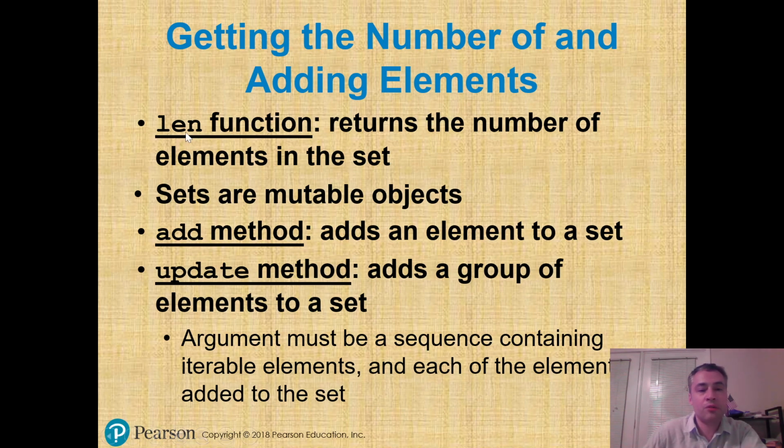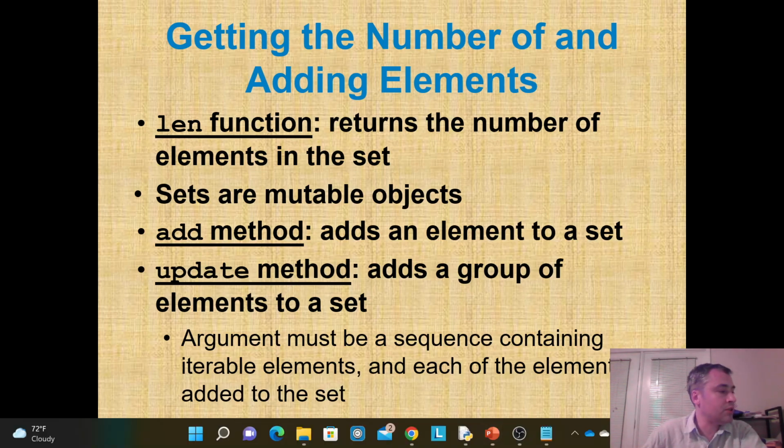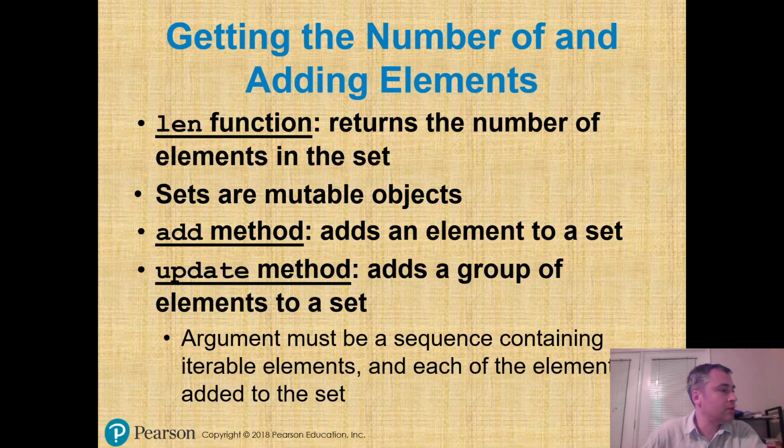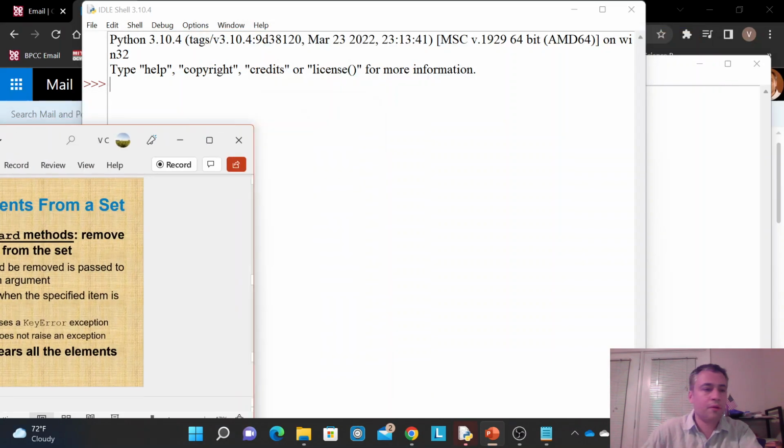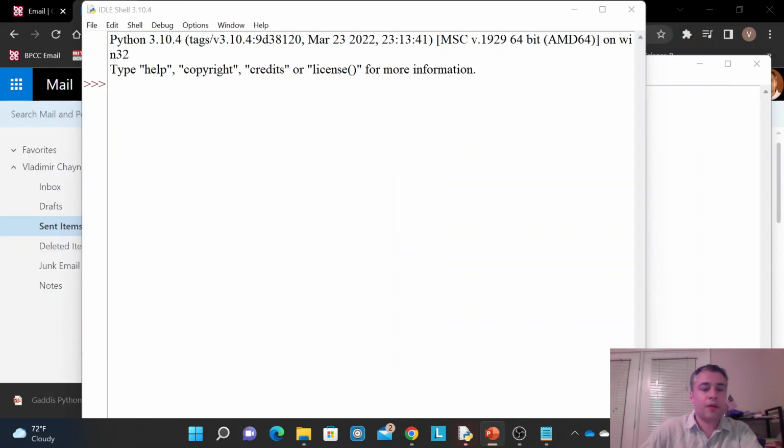And we can use the length function, add method, and update method. I think it is best if I just start IDLE and show you some examples in real time. Okay, my set A will consist of 3 elements.